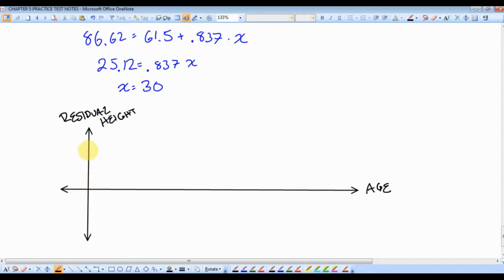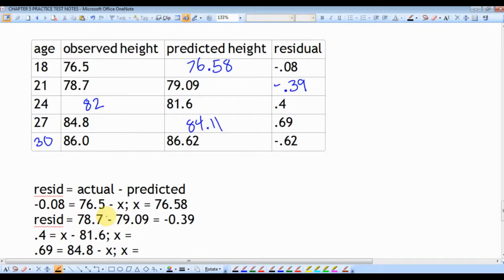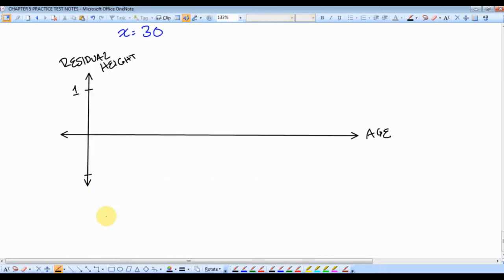It looks like my residuals are all between positive 1 and negative 1. Am I wrong there or no? Yeah, all between negative 1 and positive 1. My ages start at 18.